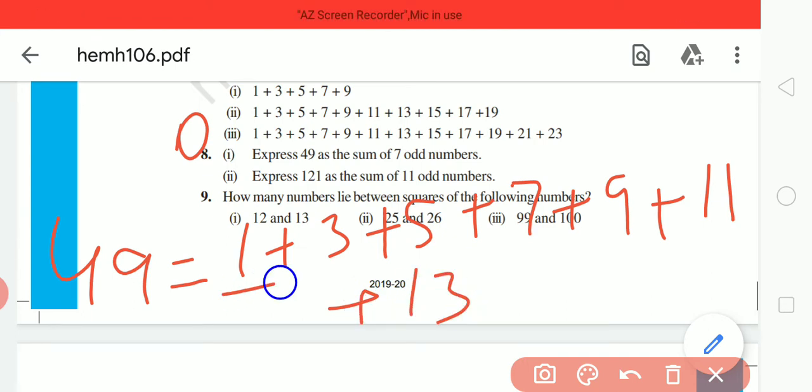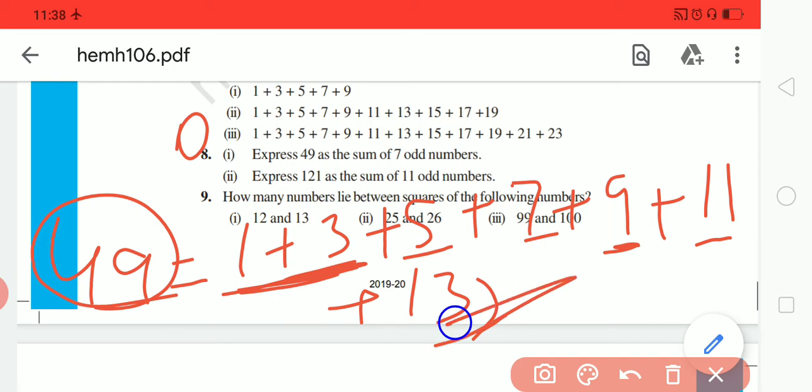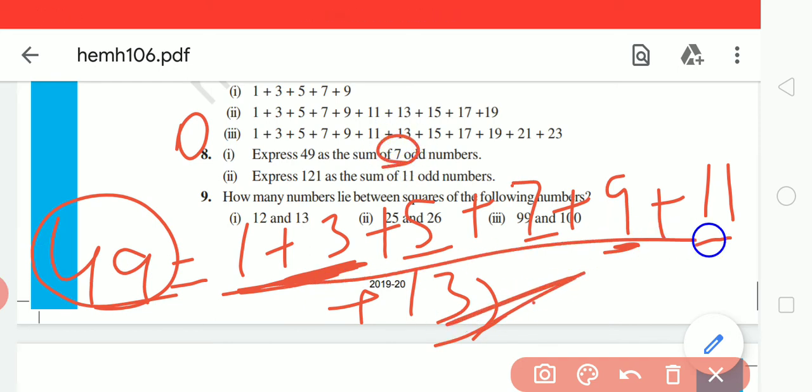So if you add 1 and 3 is 4, 5 is 9, 7 is 16, 9 is 25, 11 is 36, and 13 is 49. You got it? So this is very easy. It is already given 7 odd numbers, so you just write 7 odd numbers in the addition.